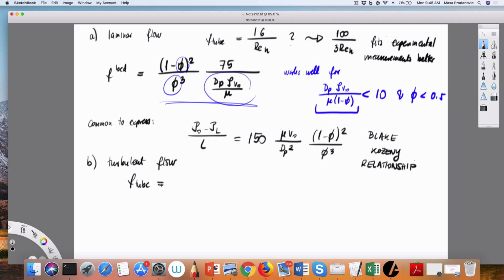So when you compare with the experimental data, you can just throw in a constant, 7/12, that fits experimental data well.